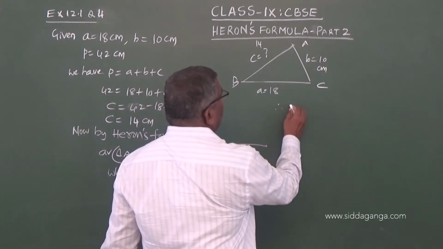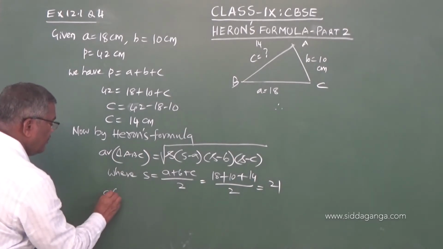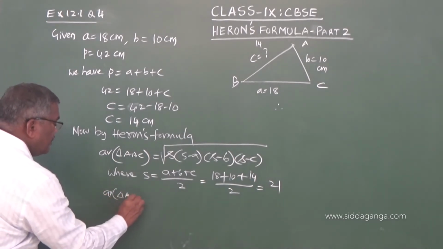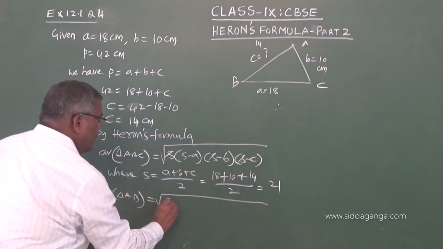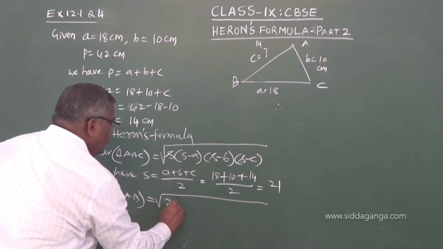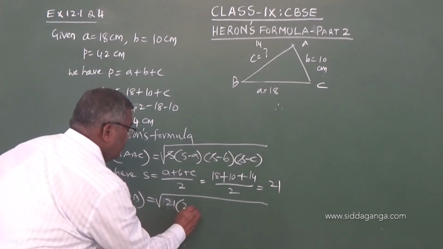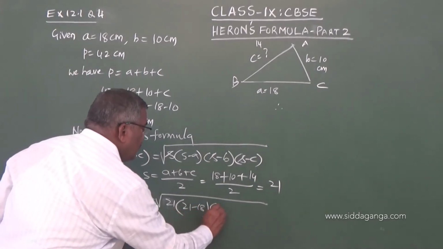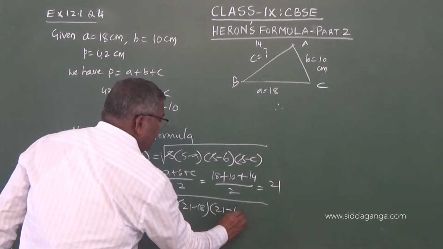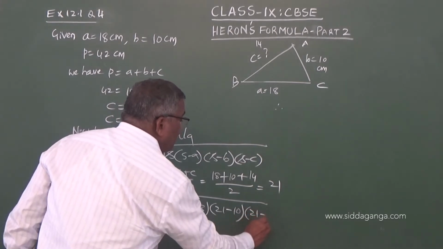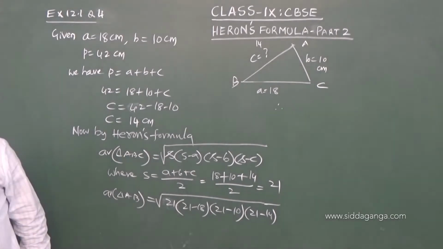Area of triangle ABC equals root of S is 21, 21 into 21 minus A, 21 minus 18, into 21 minus B, B is 10, into 21 minus C, 21 minus 14.